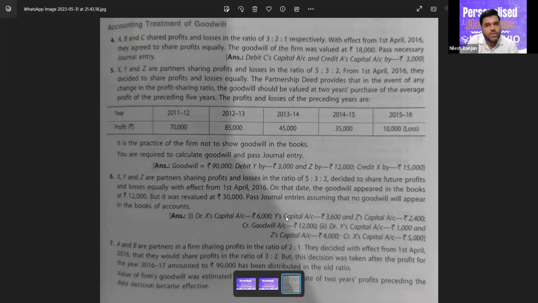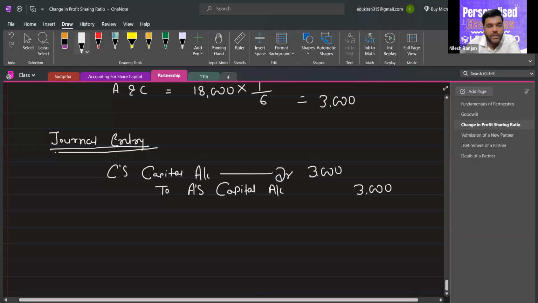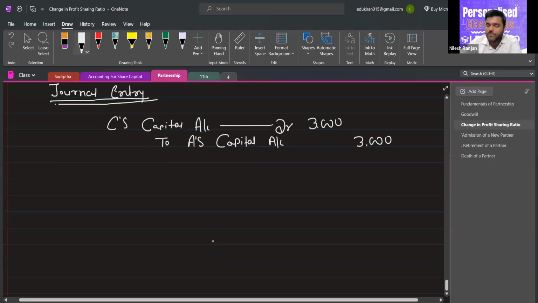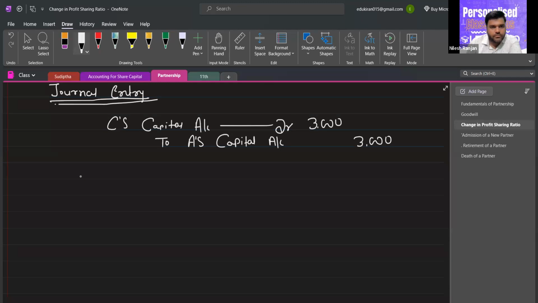Why don't we record self-generated goodwill in our books? Do you know the answer? Why is self-generated goodwill not recorded in our books? You don't know the answer?